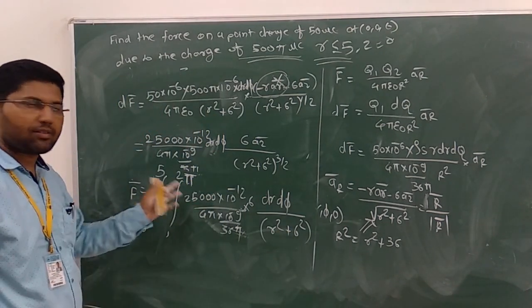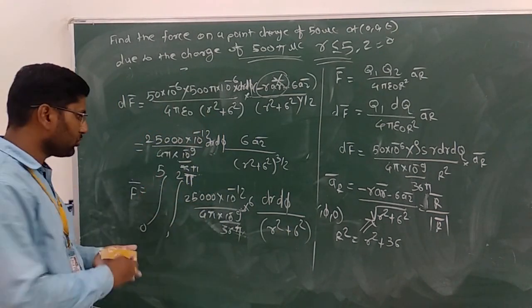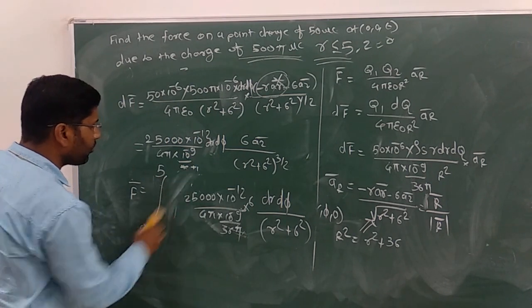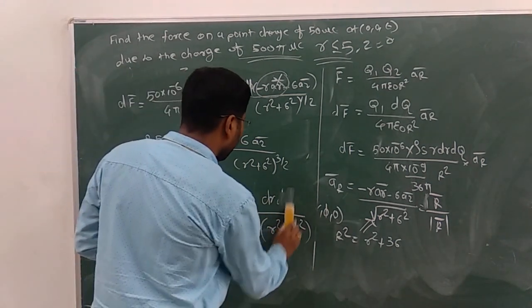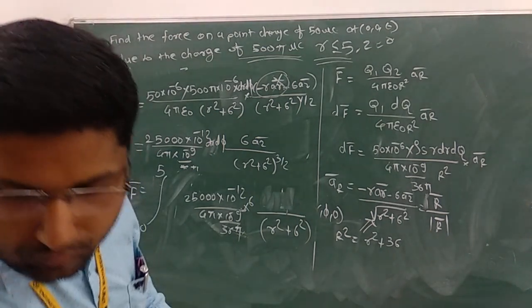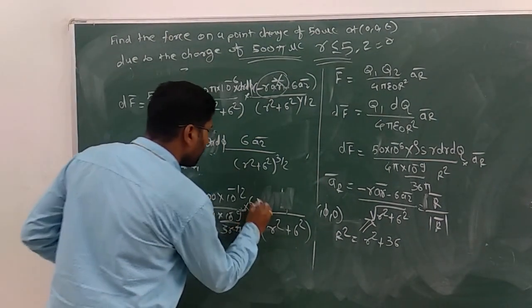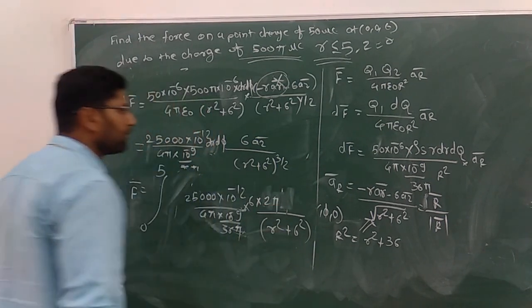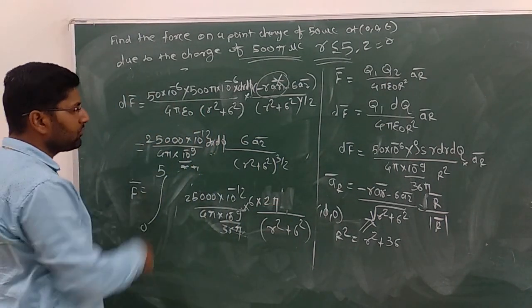Integration of d phi is phi from 0 to 2 pi. So I will directly put 0 to 2 pi instead of phi. I will write here into 2 pi. Okay, and the only limit is 0 to 5.